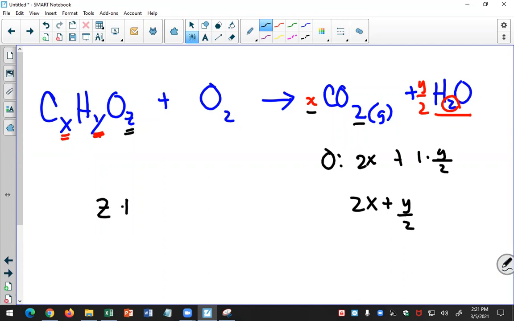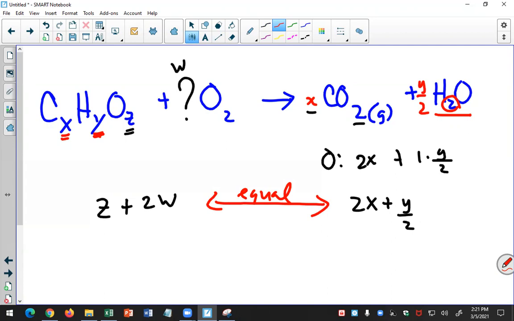That's z plus, what's my coefficient going to be here? Let's call this w. What would that be? z plus 2 times w, right? These two should be equal. Same number of hydrogens.